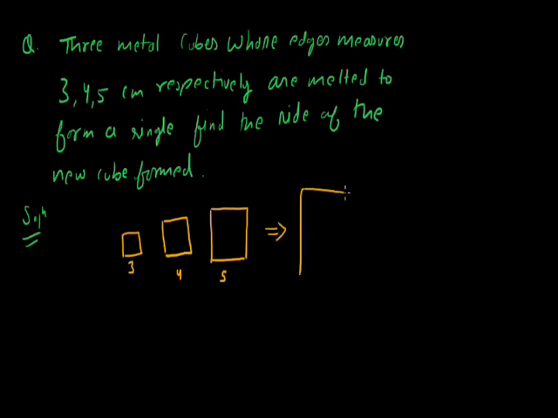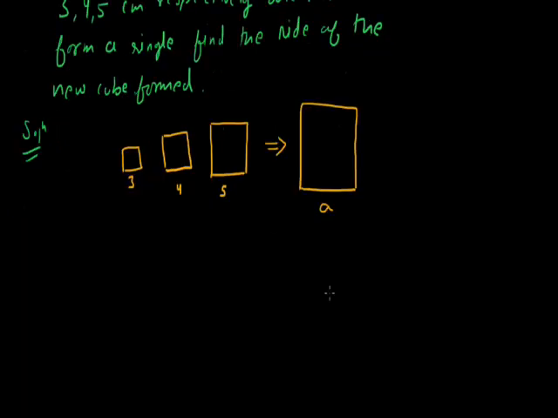Let's say this is a big cube that is formed by melting these three cubes, and the side of this cube is A. Now, when we are converting one thing into another by melting, the volumes remain the same. So the volume of all these three cubes should be equal to the volume of this cube.